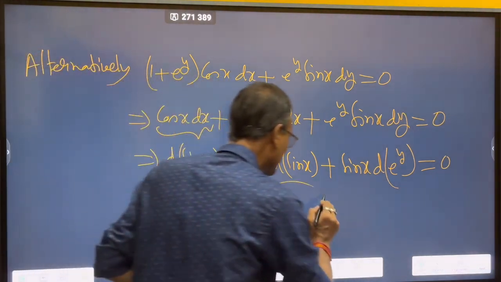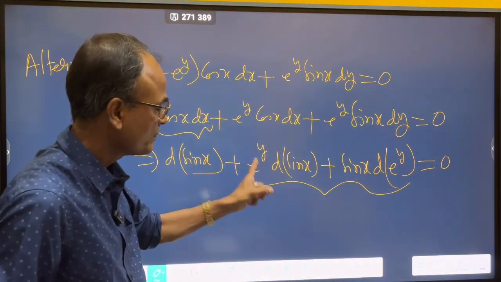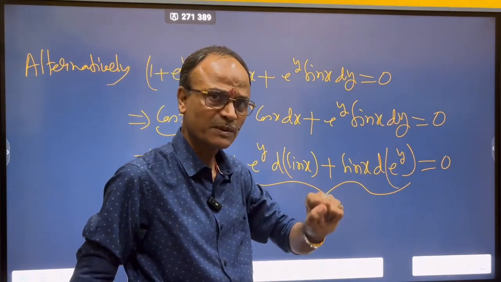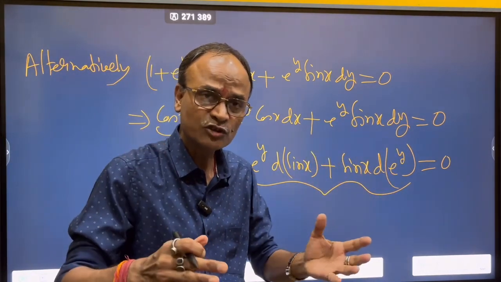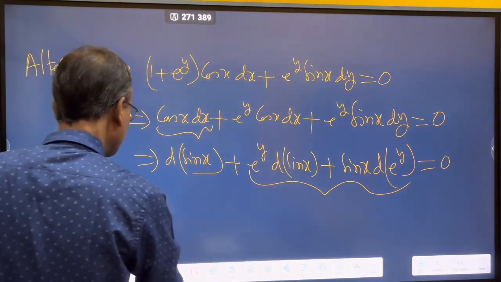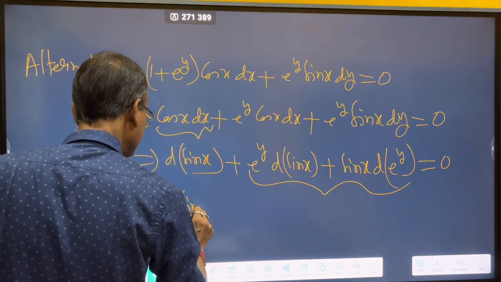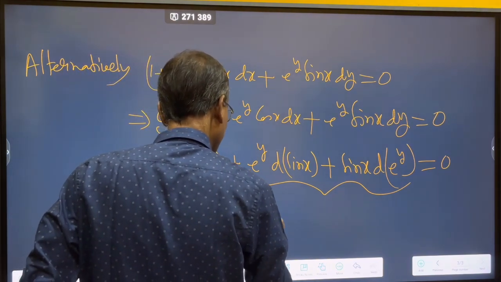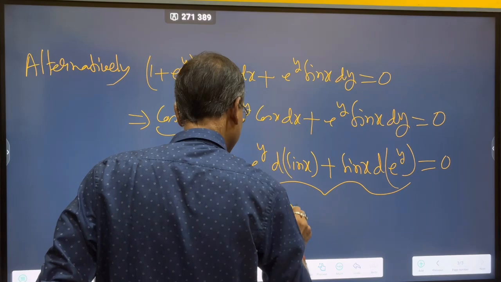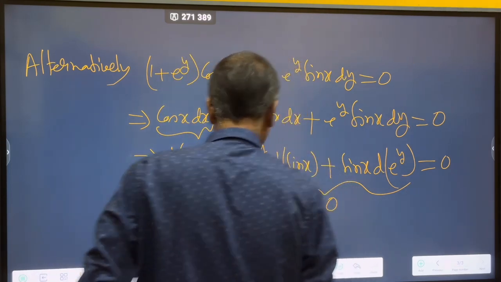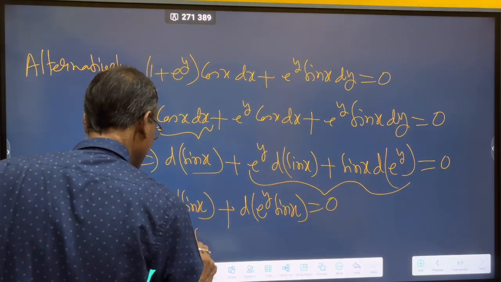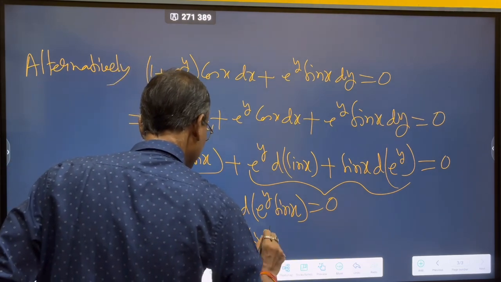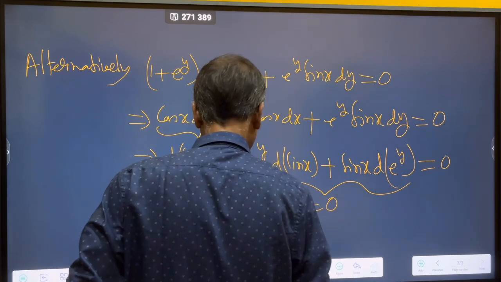Now, these two terms: first function into differentiation of the second function plus second function into differentiation of the first function is equal to differentiation of the product of the functions. This means d of sin x plus d of e to the power y sin x is equal to 0. Or d of (sin x plus e to the power y sin x) is equal to 0.